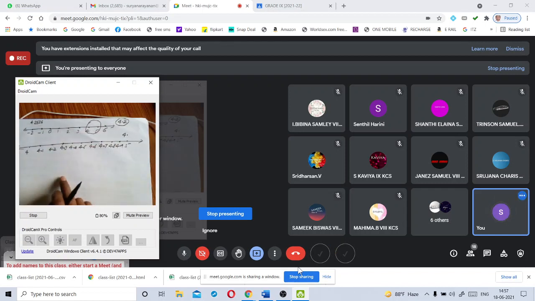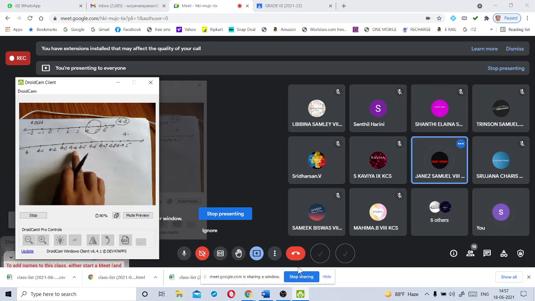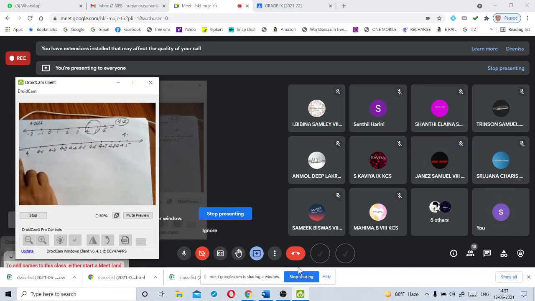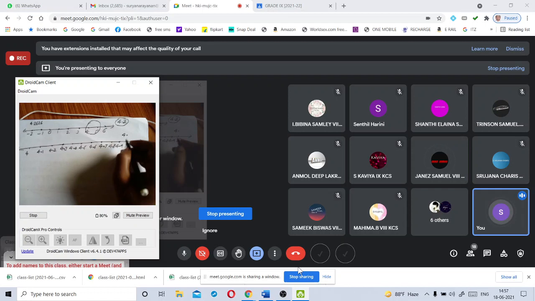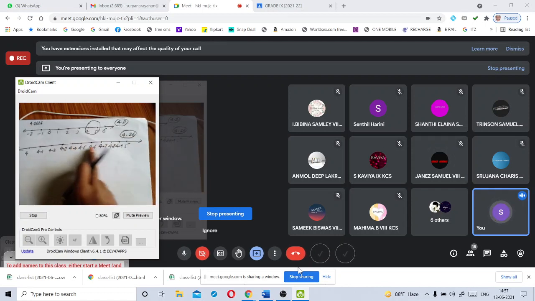Kavya, 2-6. I am telling the first two decimal places after the decimal point. Yes, 2-6.